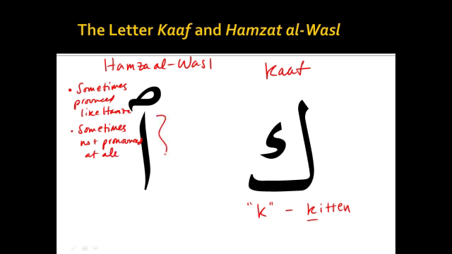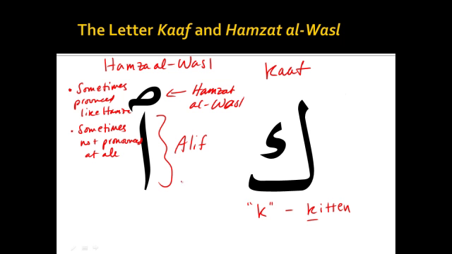As you can see here, we have an alif. This is an alif, and this sign here is the sign for Hamzat al-Wasl. And wasl means connection. And this is the key behind when we use the Hamza to sound like a Hamza and when we don't pronounce it at all.